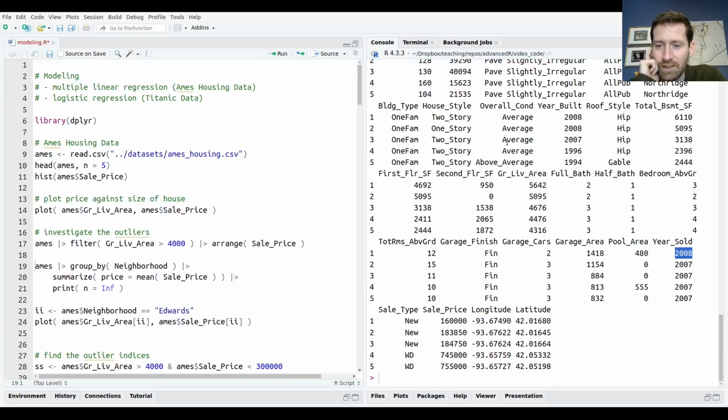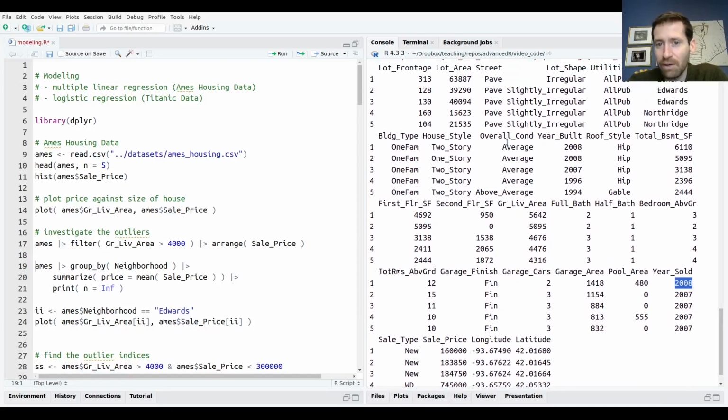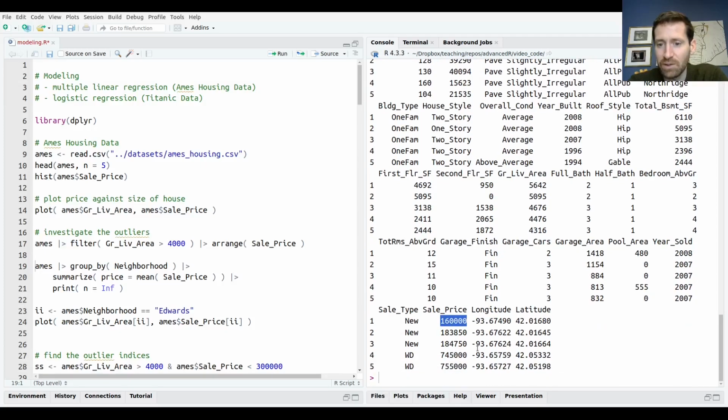What I'm wondering, like I said before, is that maybe these were sold as properties without houses on them, and then they've gone back later and filled in the attributes. So these are outliers. It seems like probably there's a mistake in the data in that this price does not include the house that was eventually built on there.